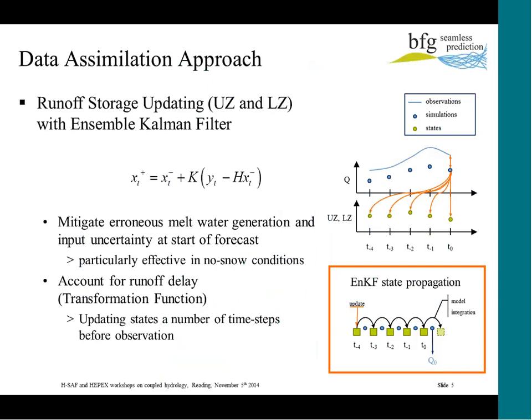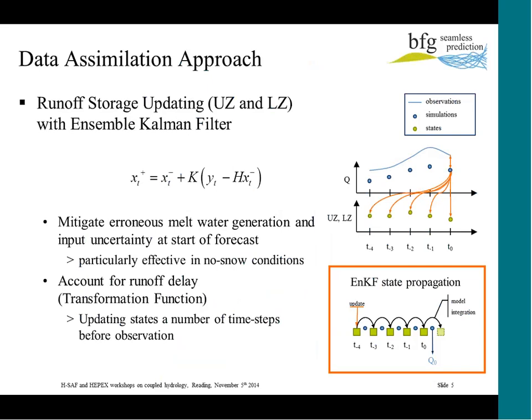At the example of the upper zone and lower zone storages, which we update with observed runoff, we could say that we use the difference between observed runoff and simulated runoff and multiply it with some gain added to the soil moisture and to the upper zone and lower zone storages to get an update of those storages. And then we use those updated storages to get simulation results, which is much closer to the observed discharge.